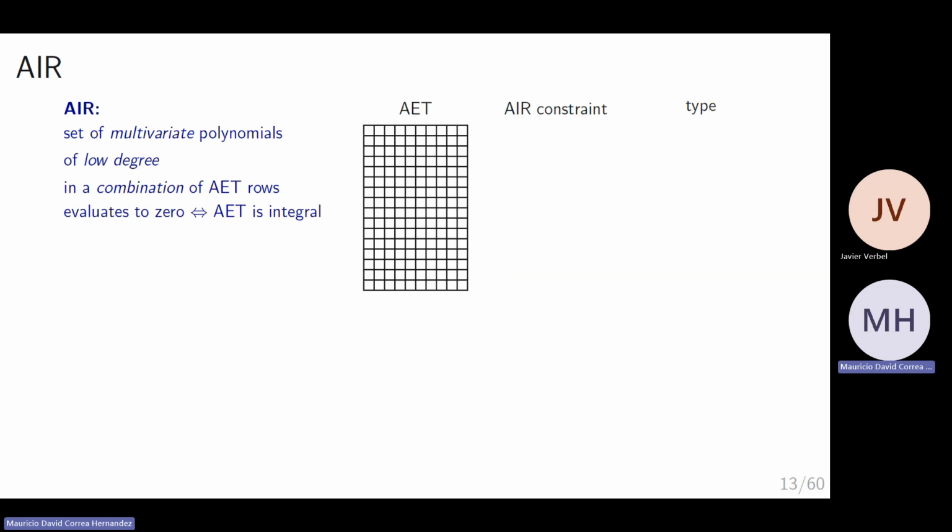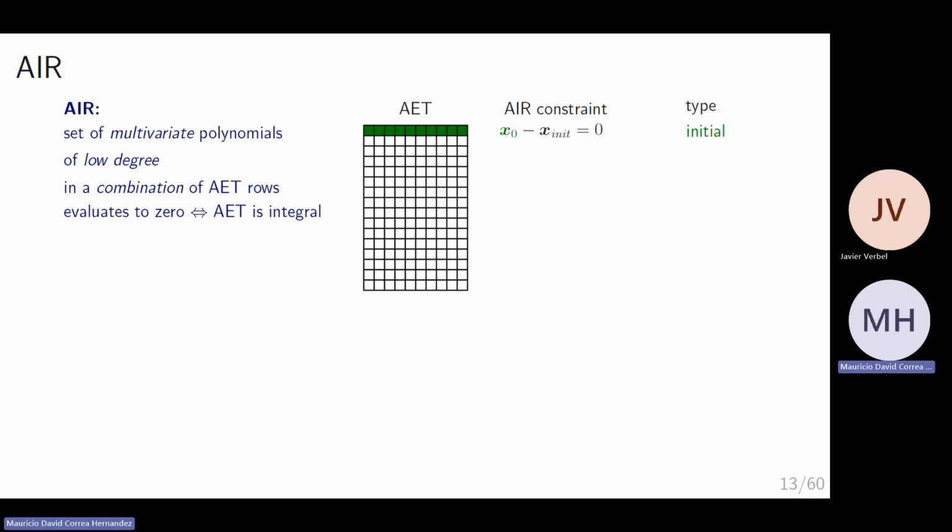Okay, so we have the AET, and we have a bunch of different types of AIR constraints, starting with the initial constraint. This is part of the claim. Remember, we set x0 and y0 to something, and that would be an AIR constraint, which we can capture in terms of a multivariate polynomial whose variables are identifiable with columns in the AET.